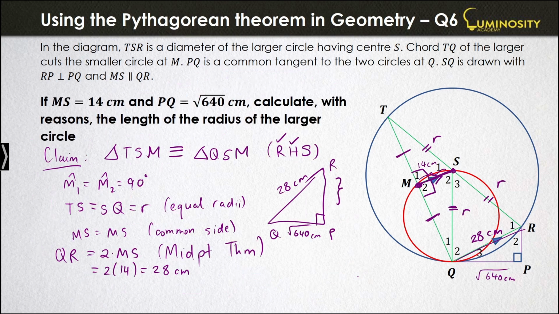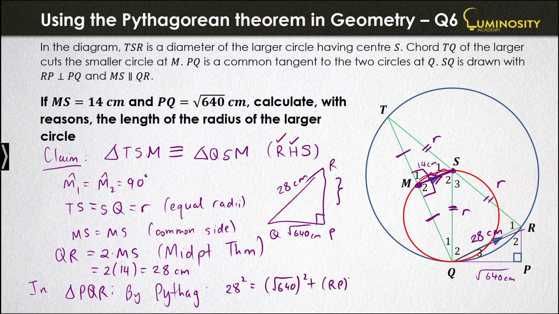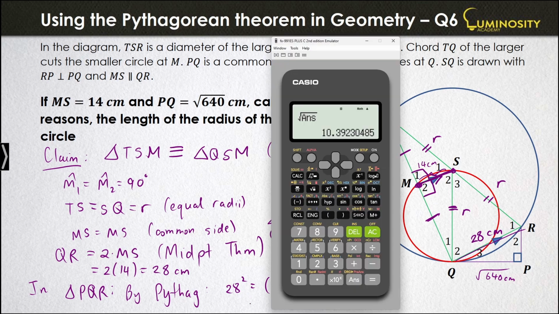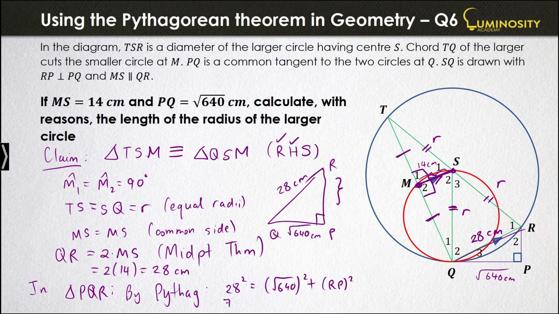Okay, so what I'm going to do now, I'm going to say in triangle PQR by Pythag, we have the following. We have 28 squared equals the square root of 640 squared plus RP squared. Okay, so 28 squared, let's see what that's going to give us on the calculator. 28 squared, that's 784.